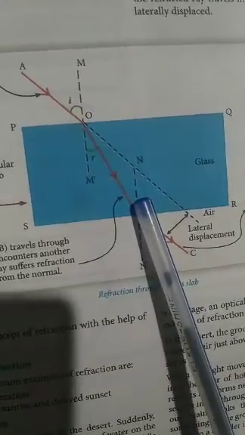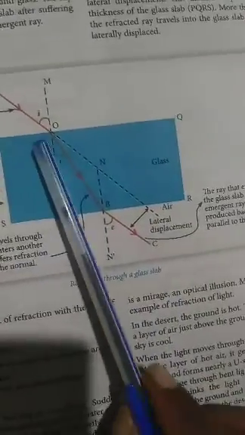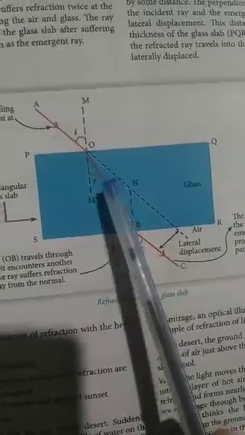The refracted ray OB travels through the glass slab till it encounters the other boundary SR. The ray suffers refraction and deviates away from the normal. In the first case, from air to glass, the refracted ray bends towards the normal.